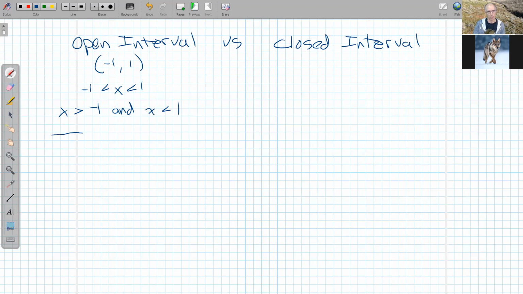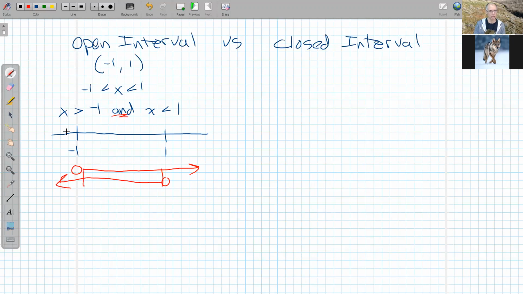And if we look at that number line wise, over here is -1, over here is 1, and this one says x has to be greater than -1. So that would be an open circle at -1, go that way forever. This one says open circle at 1, go left forever, and "and" means I want where they meet, and they meet here in the middle.